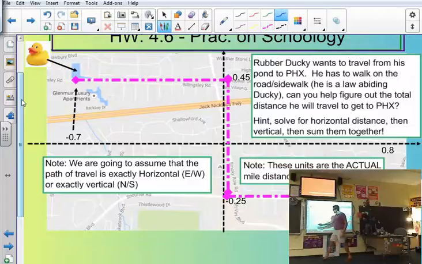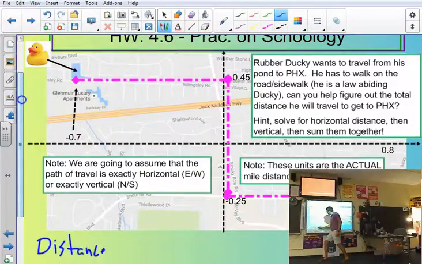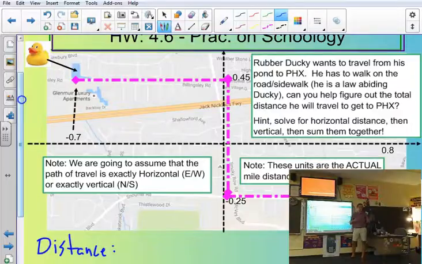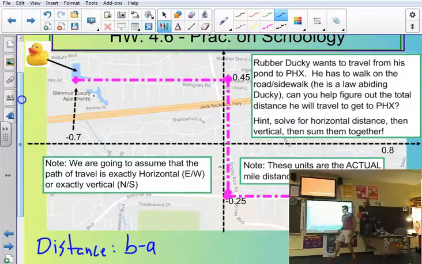Somebody earlier said it's going from A to B, because we often talk about points as location A and location B. So to figure out distance, let's say I'm going from A to B, I just say, okay, where's B? Subtract where I'm starting. That's how far I go. So I'm looking at total horizontal distance.